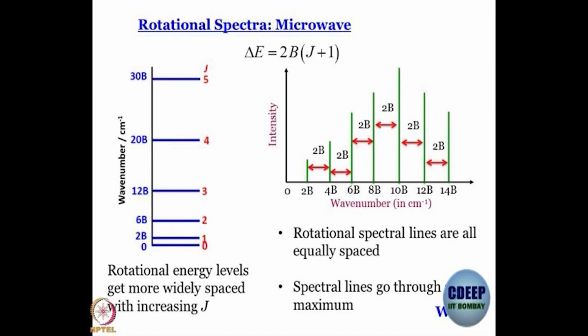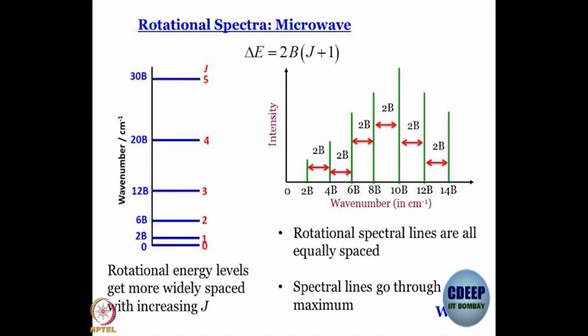And the spectrum actually goes through a maximum. Even before we talk about why it goes through a maximum, the first thing we should understand is that the gap between lines is equal in all cases, because you see, this is one transition, right? This transition is what? 2B.